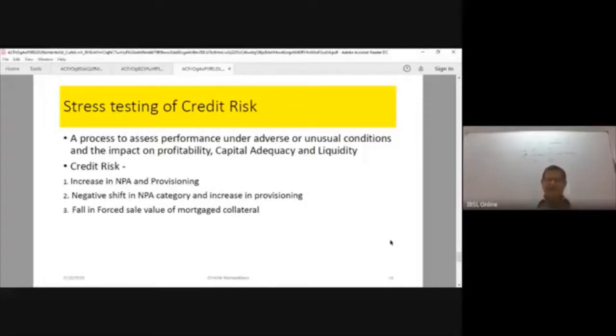But how many of this 30 billion will come into the performing section after the 6 months? Tourists may not come after 6 months. There is no demand created for real estate after 6 months.